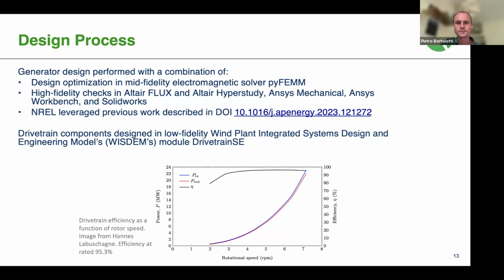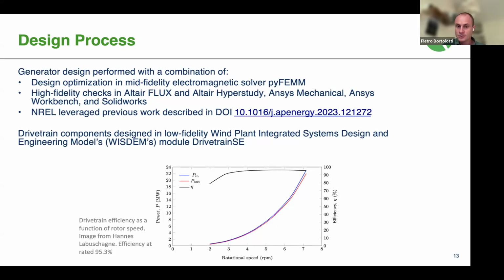We started the design in the electromagnetic solver PyFEM, which is an open source library solving the electromagnetic equations in mid-fidelity. But then we also performed higher fidelity checks in a combination of Altair Flux and HyperStudy, and ANSYS Mechanical, ANSYS Workbench, and overall geometrical checks in SolidWorks.